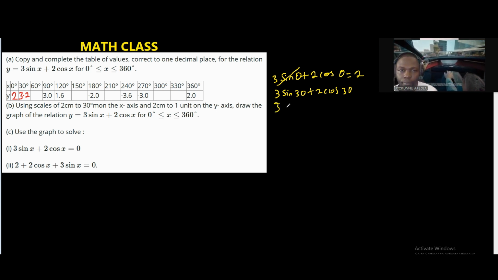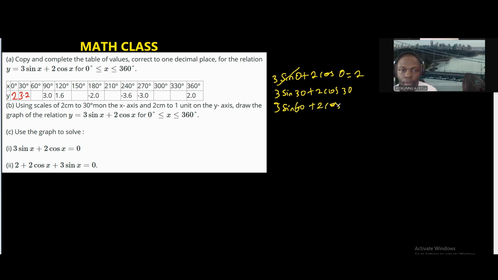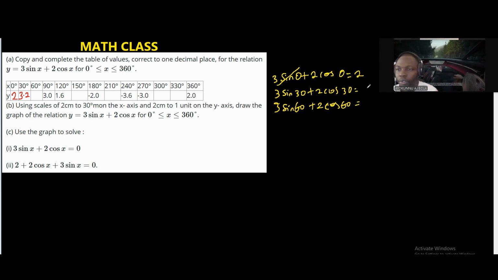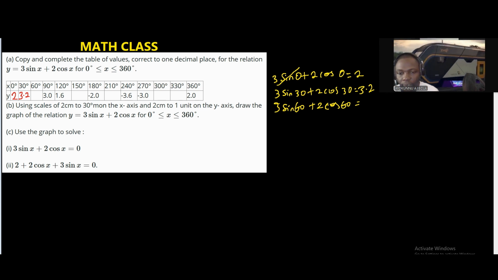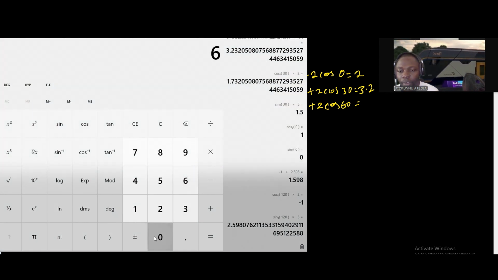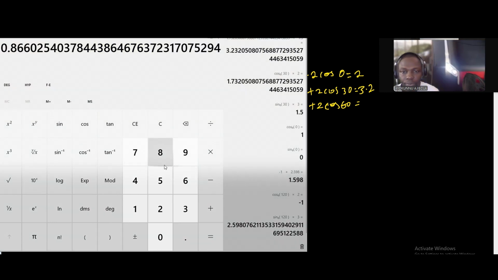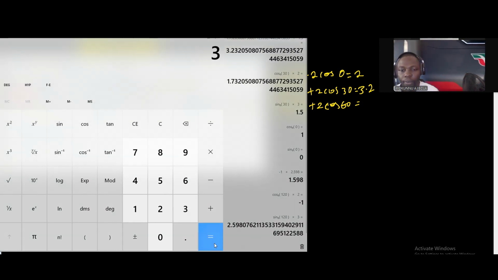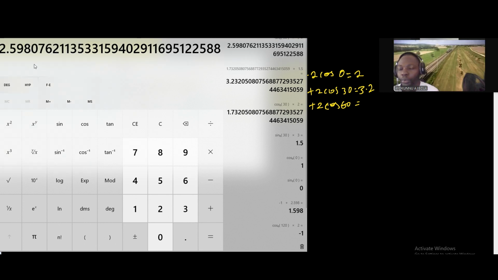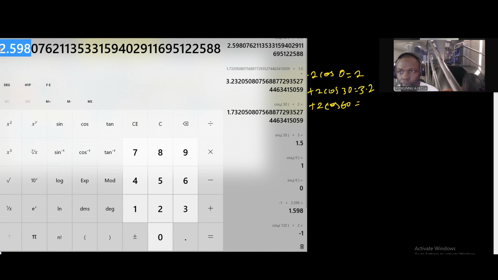So we have 3 sine 60 plus 2 cos 60. So we get to check our sine 60. That'll be 0.860, then times 3. That is 2.598. Okay, yes, sir.